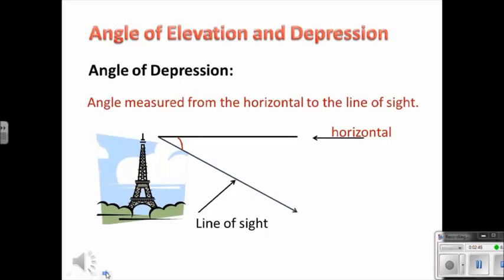So here's my tower, and here's my little alien man standing on top of it. And the angle of depression is the angle in which the alien has to look down upon this fire.